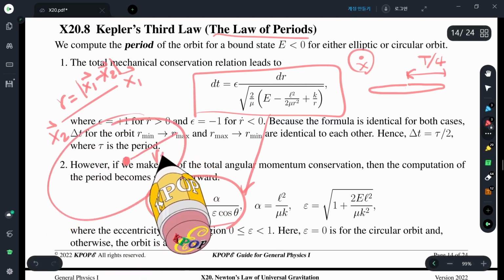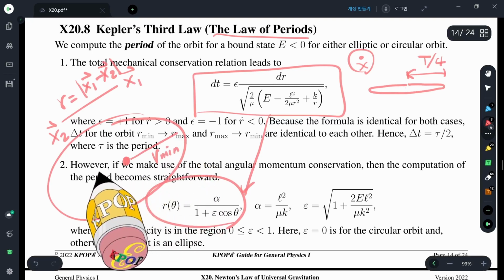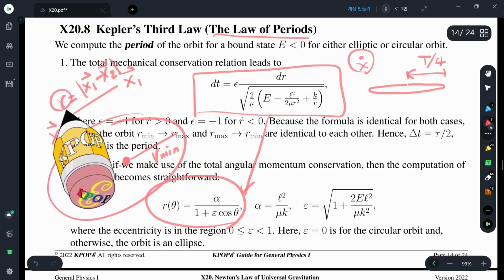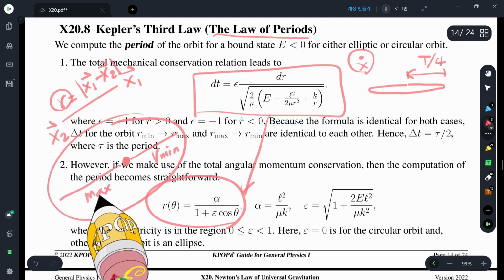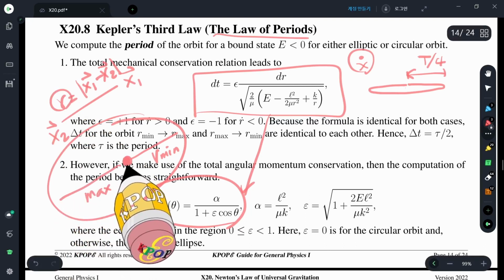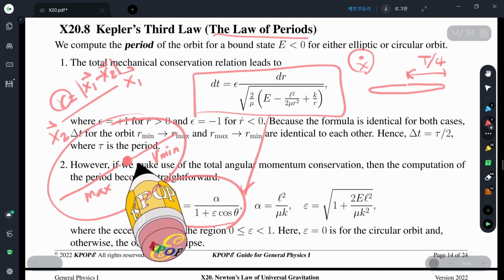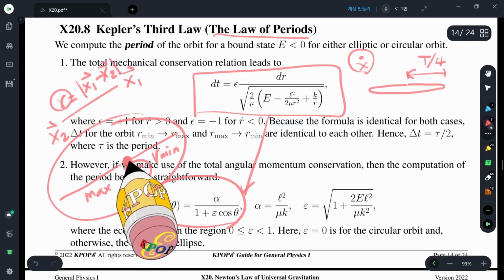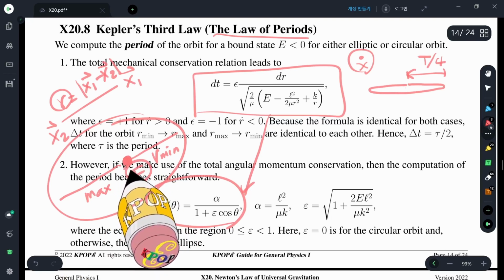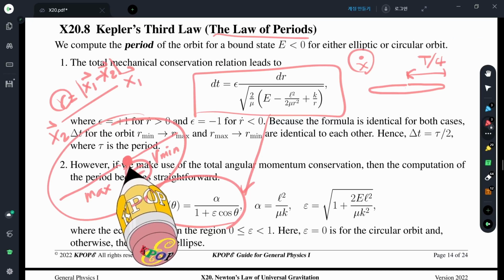This is the minimum value of the radius, the minimum value of this relative coordinate, and this is the maximum value of the relative coordinate. We call this not the center, but a focus. A heavier object is placed at the focus, but it is not always true.